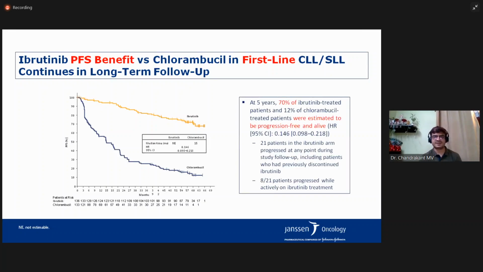So at 5 years, 70% of ibrutinib treated patients and only 12% of chlorambucil treated patients were estimated to be progression free and alive. So 70% versus 12% at 5 years.